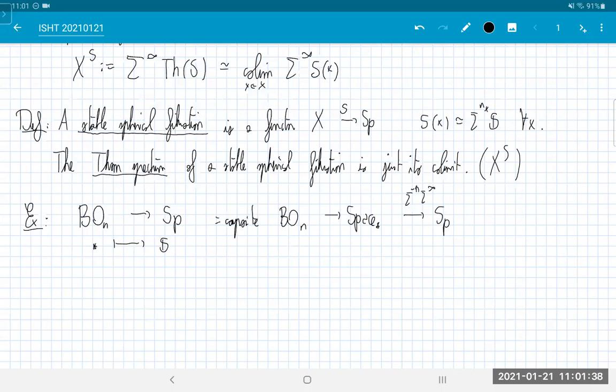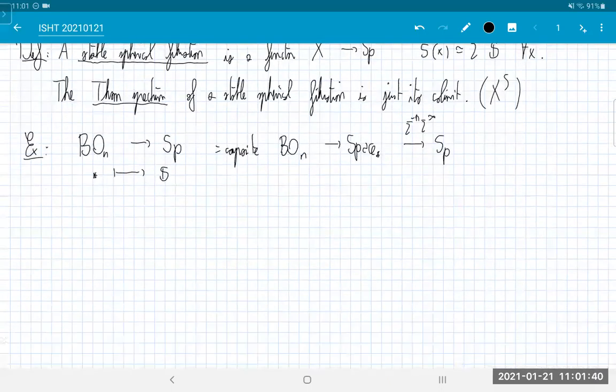And you can check quite clearly that this diagram commutes, because the action of O_n on S^(n+1) is literally leaving its last coordinate invariant.